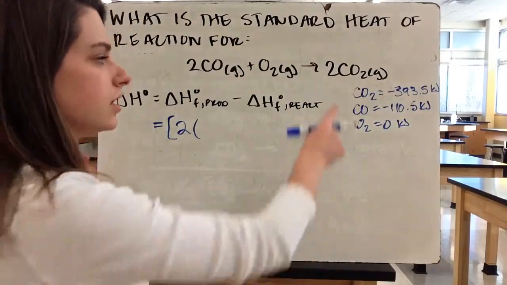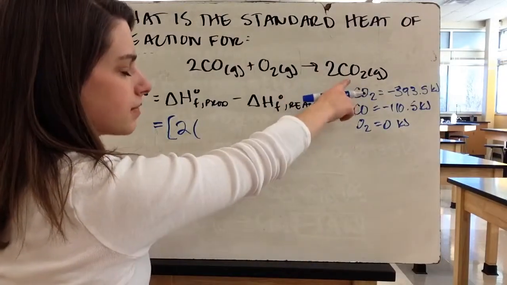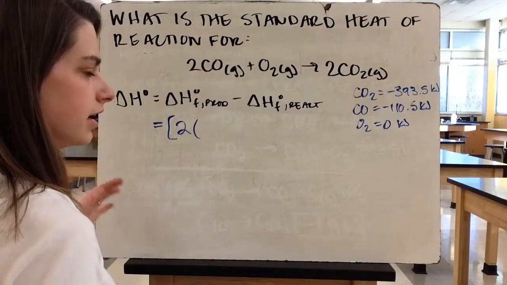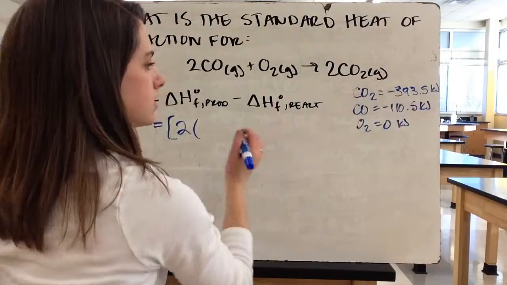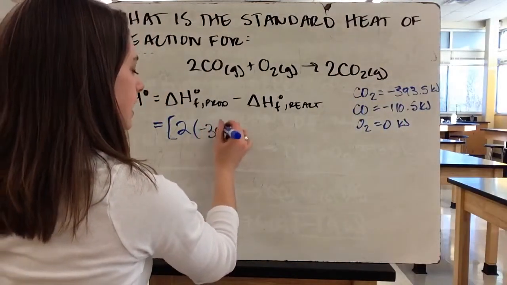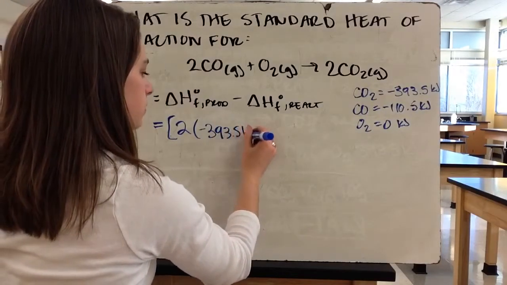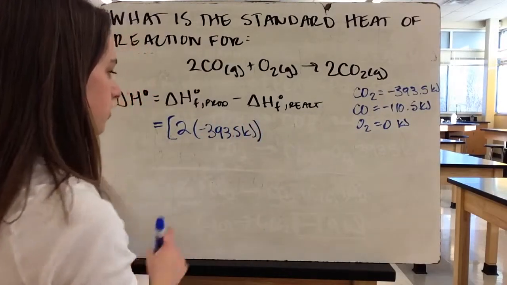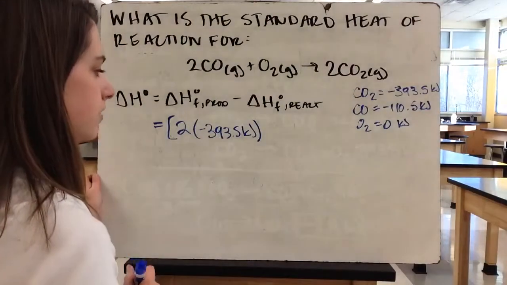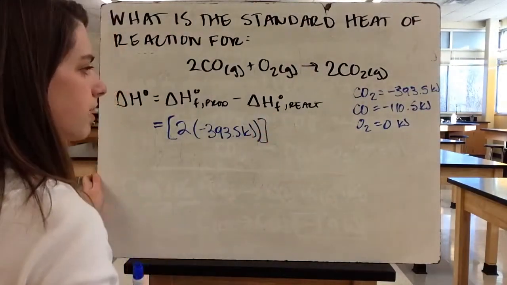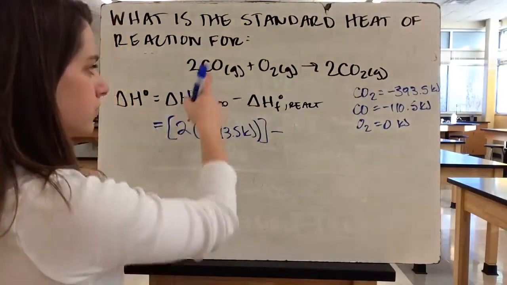Apologies. We'll keep going. So you produce 2 carbon dioxides, or 2 moles of carbon dioxide, and for every 1, it releases 393.5 kilojoules of energy. So I'm going to do 2 times negative 393.5. Those are my products, and then I have 2 reactants.